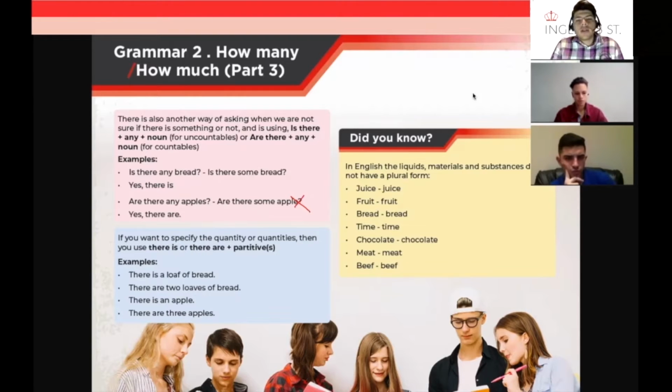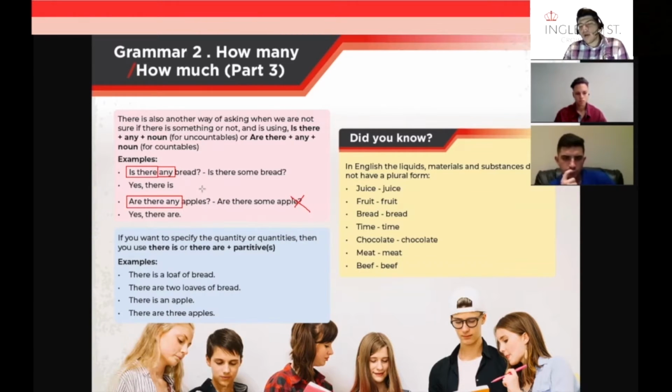Okay, en general lo que nos están diciendo es que hay una posibilidad de utilizar is there o are there, con any, siempre con any, para hacer preguntas en general cuando no tenemos idea. Es decir, en vez de preguntar how much bread, porque bread es uncountable, el pan es uncountable.